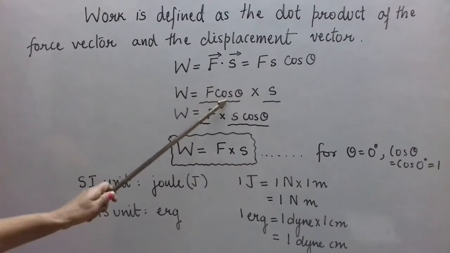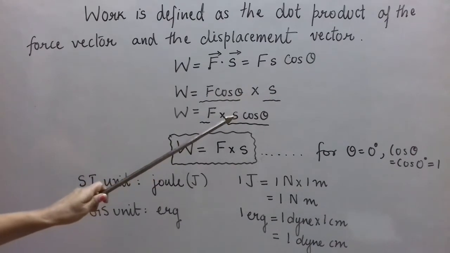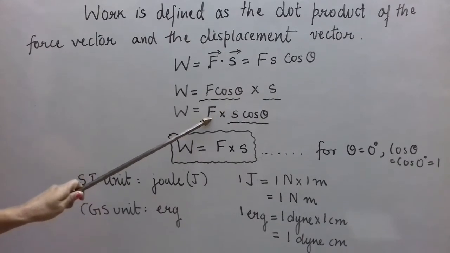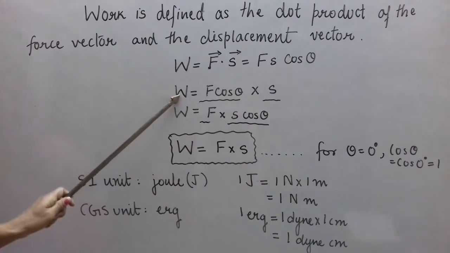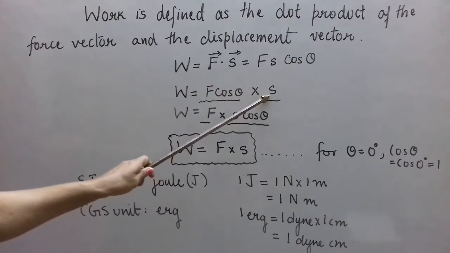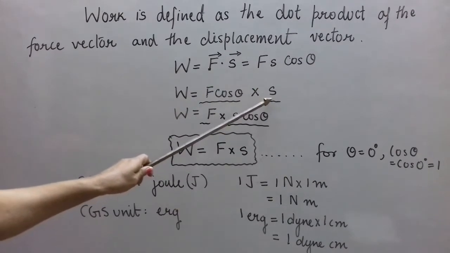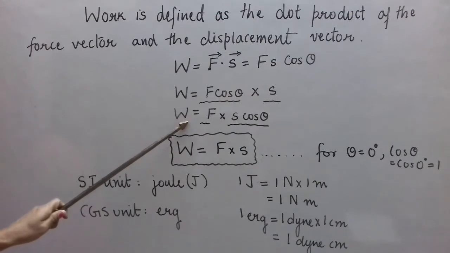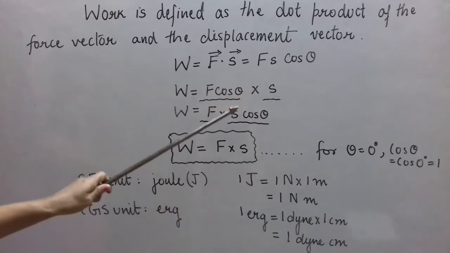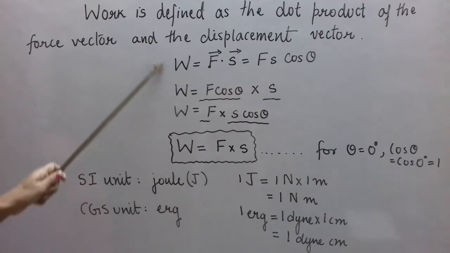So if F cos theta is a component of force in the direction of displacement, or S cos theta is a component of displacement in the direction of force, we can also define work as the product of the magnitude of displacement and the magnitude of the component of force in the direction of displacement. Or we can define it as the product of the magnitude of force and the magnitude of displacement in the direction of force applied. You should know this.